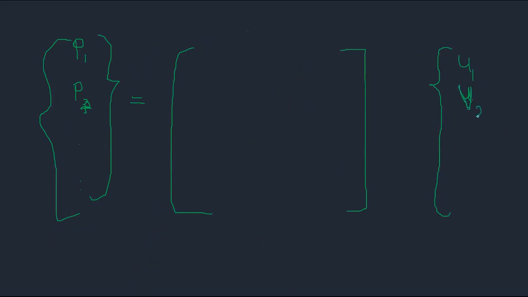This order is very important. U1 V1, U2 V2, U3 V3. This will be a P6, right?